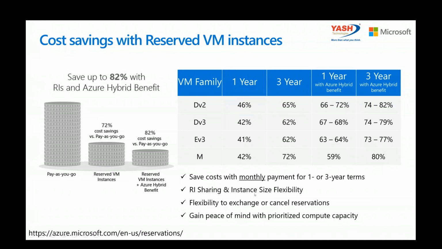And we do offer instance size flexibility, which is the concept that if you are moving a VM size from a DV3 family to the next tier, you can automatically do so without having to change the reserve instance model that you have purchased. For more information, you can take a look at the link that's available on the slide right here.